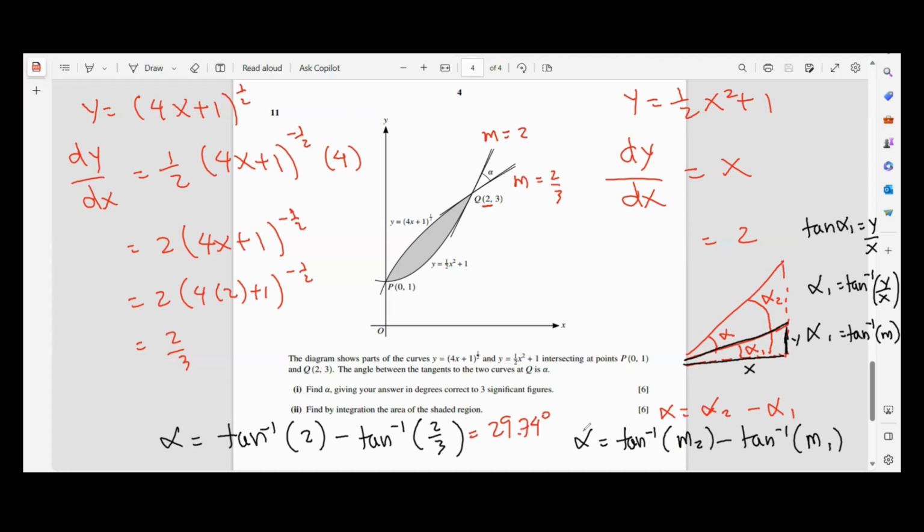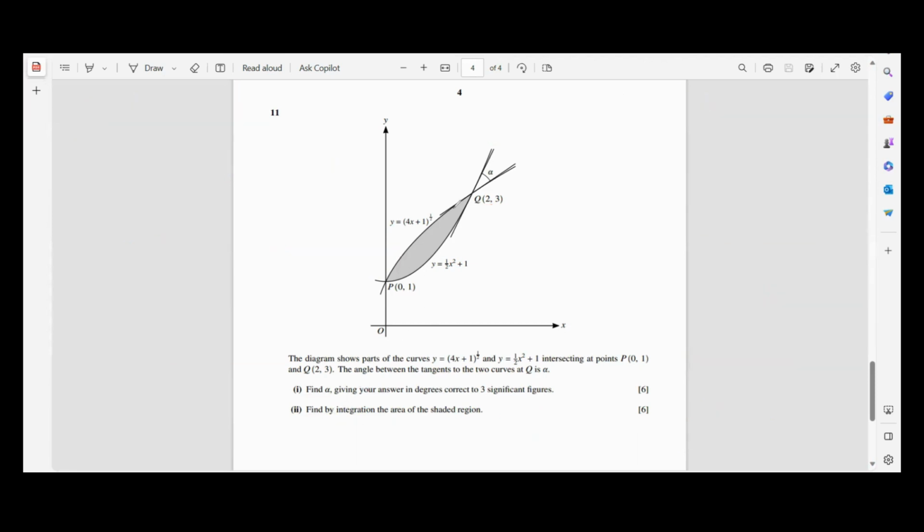And then for the II, it asks us to find the integration, the shaded area. Okay. For the shaded area, we just see this is the top minus the bottom. So okay, I will find the top one first, the integration.